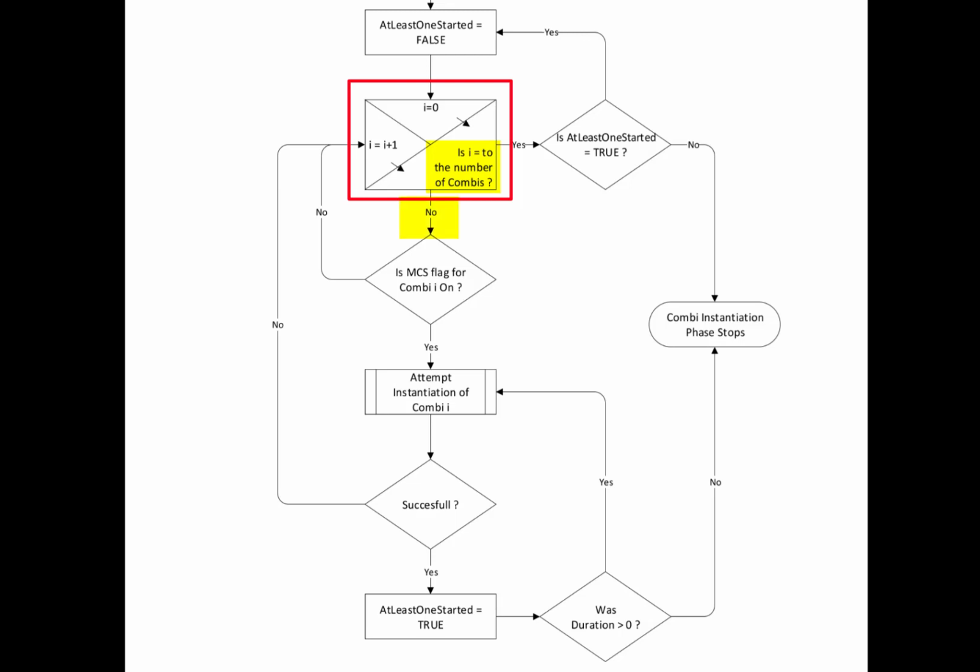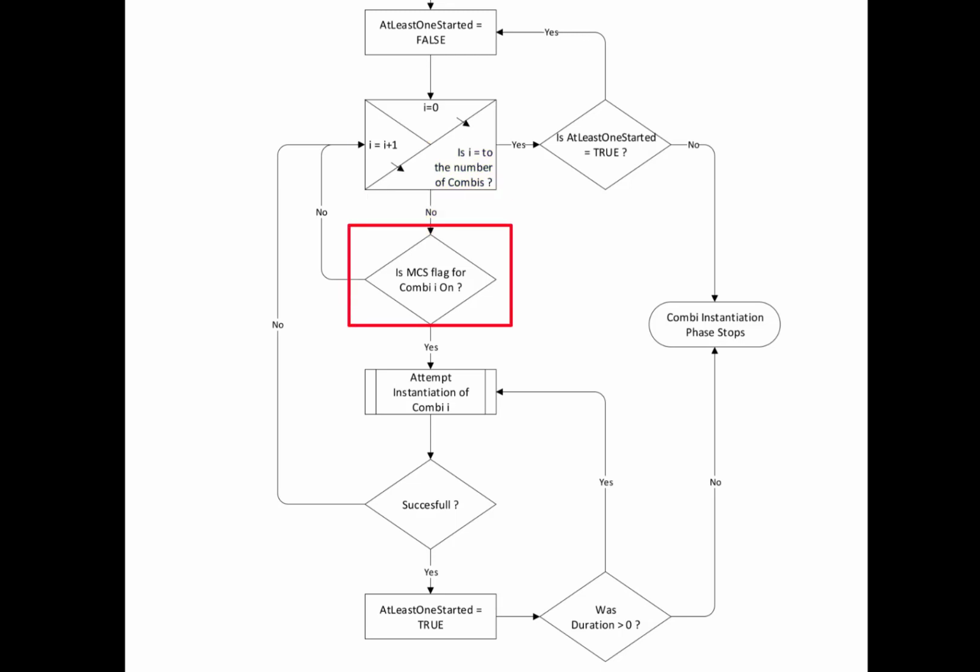If again the answer is no, then the same question is repeated: is the maybe can start flag for Combi I on? If the answer is yes, that means that Combi I could possibly start. So the next box is the attempt initiation of Combi I. This is represented by another flowchart separately.